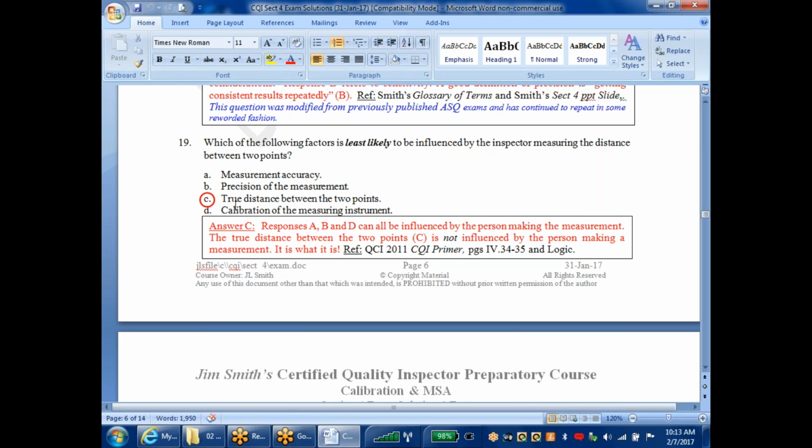Well, the answer here is C, the true distance between 2 points. The inspector can't influence the true distance. Nobody can. It is what it is. What the inspector is doing is measuring that distance, but he or she can't influence the true distance.